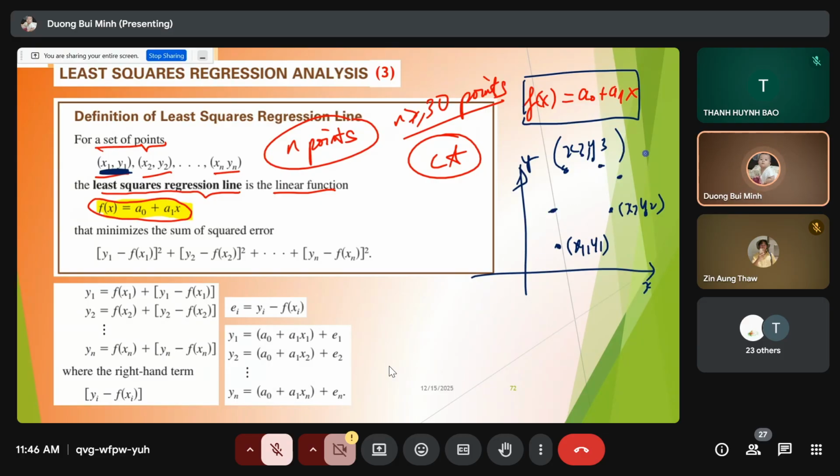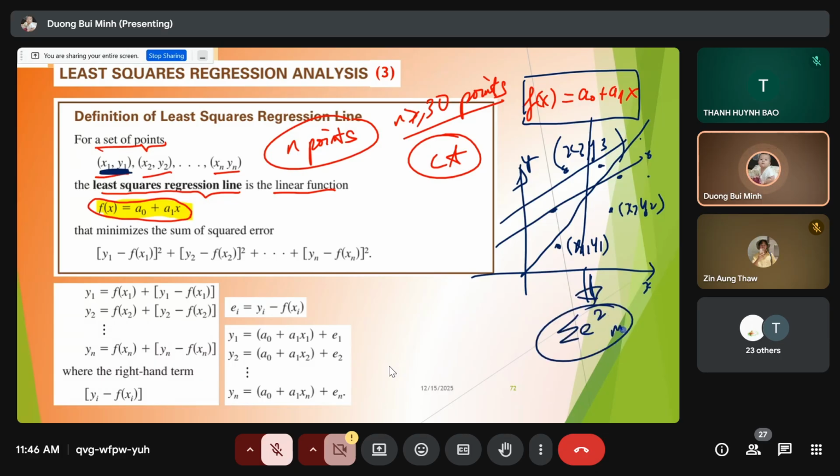We need to find the linear curve to make sure the sum of all the squared errors is minimized.